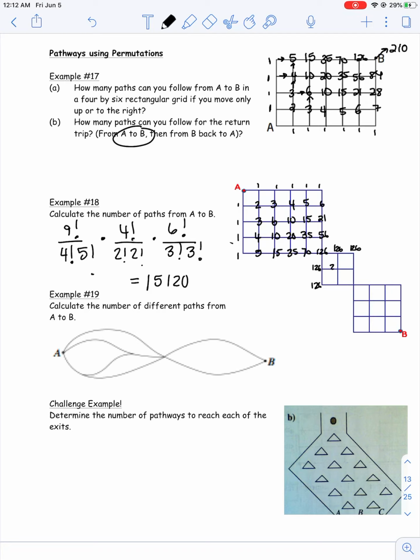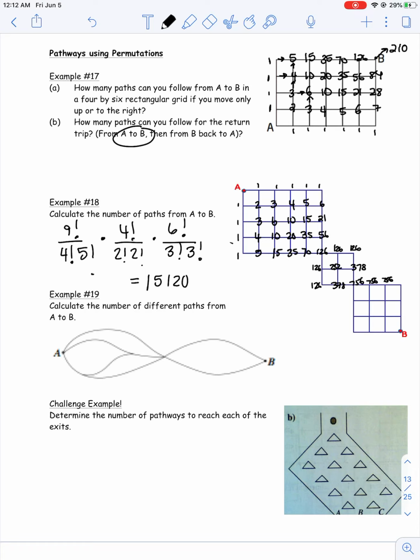And then 126 plus 126 is 252. 252 plus 126 is 378. And then we just keep adding. 378 plus 378 is 756. And now, just like before, those are the only side lengths going forward, so you put 756.